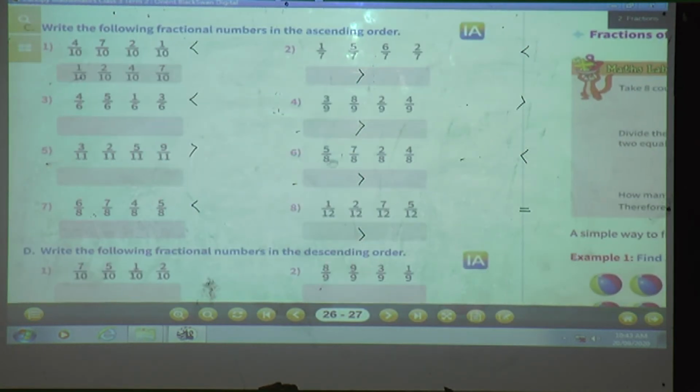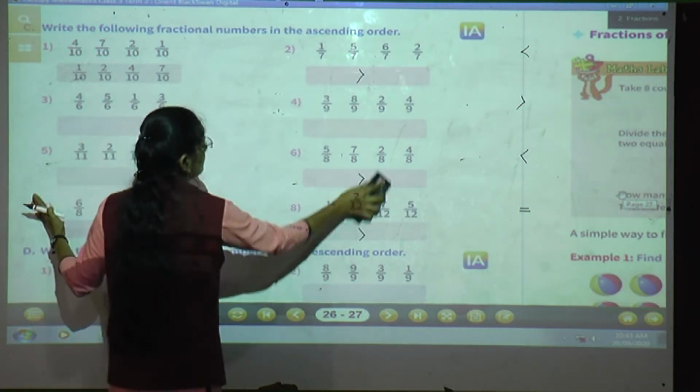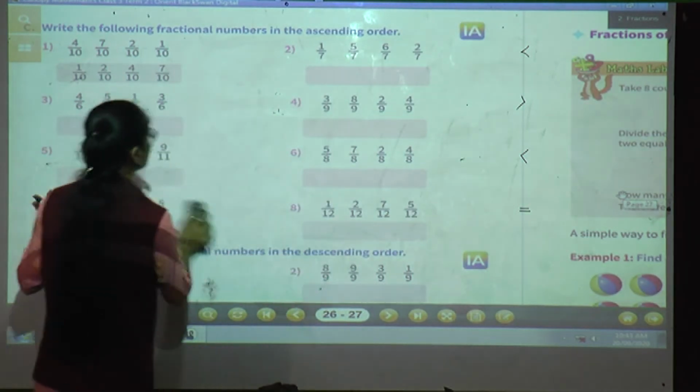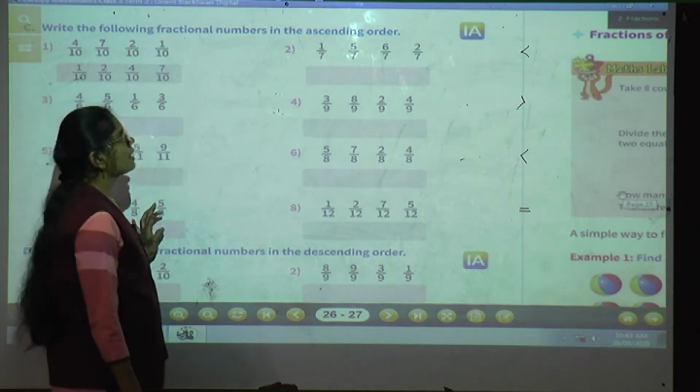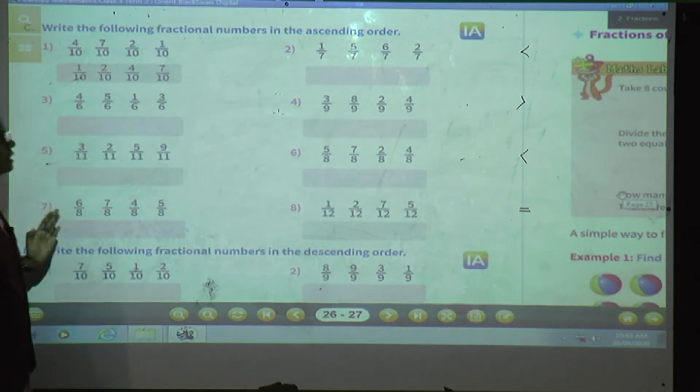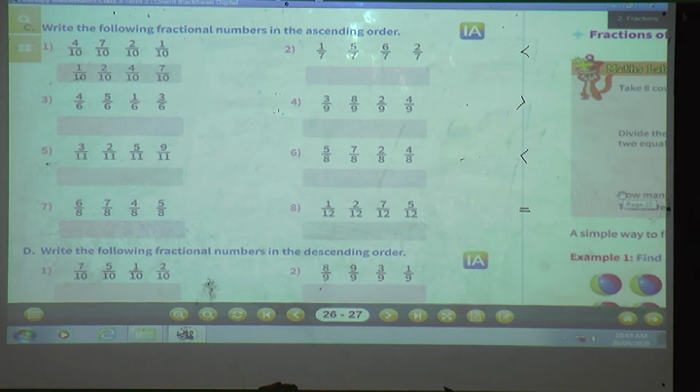And read the question. What is the question? Write the following fractional numbers in the ascending order. Now see students, ascending order means what? In the first lesson, in the starting, I taught you what is meant by ascending and what is meant by descending. Ascending means in increasing order, from smallest to biggest.